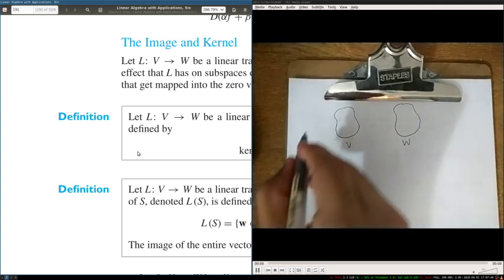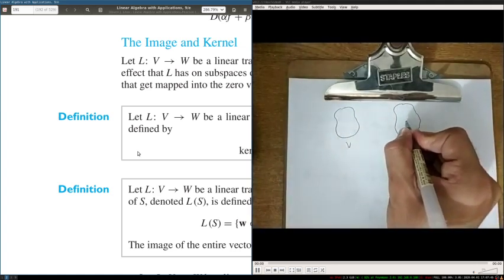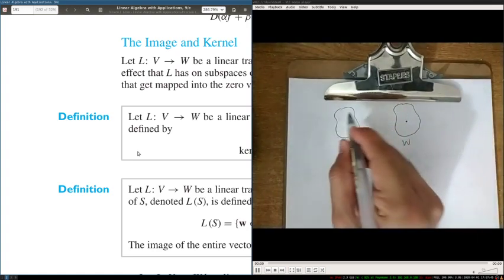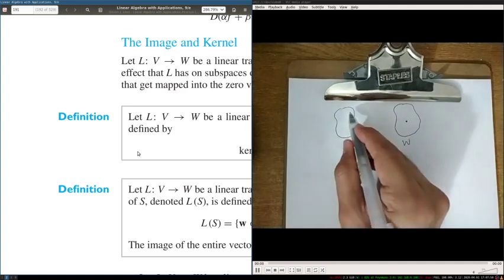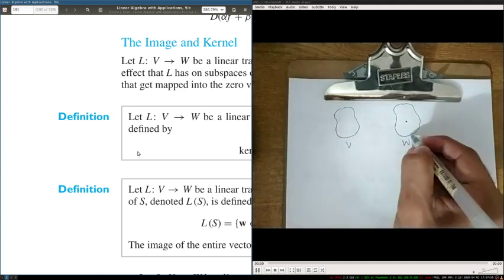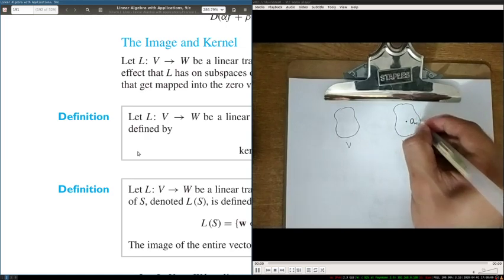The first important thing is we know that it's possible that this mapping may not be one-to-one. So many vectors from this space can map onto the same vector in this space. And the vector that we're interested in is the zero vector in the output space.